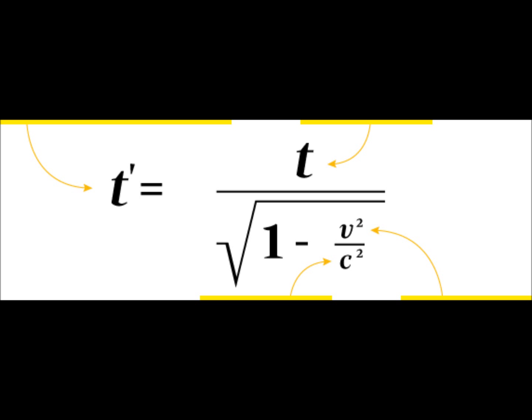It is given by this equation, where t' is dilated time, t is standard time, v is velocity and c is the speed of light. Through the use of this equation, you are able to determine that time appears to move more slowly the greater the velocity. This is best shown through example.